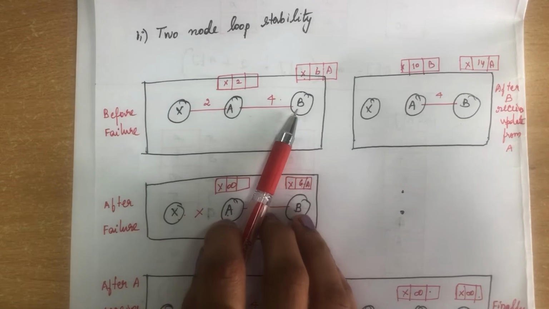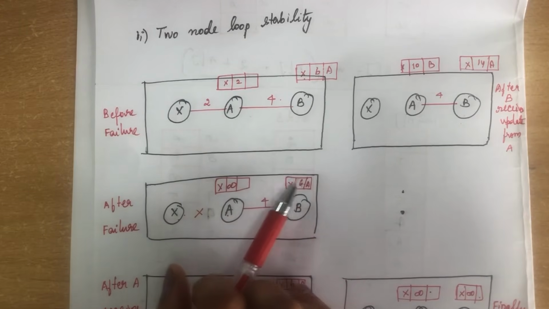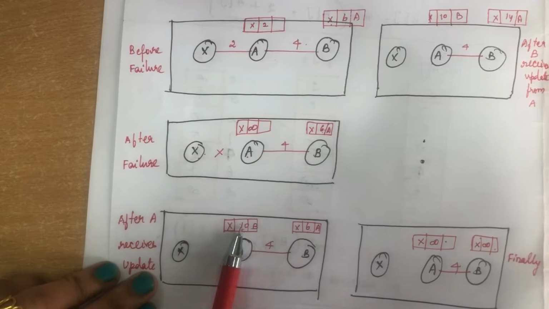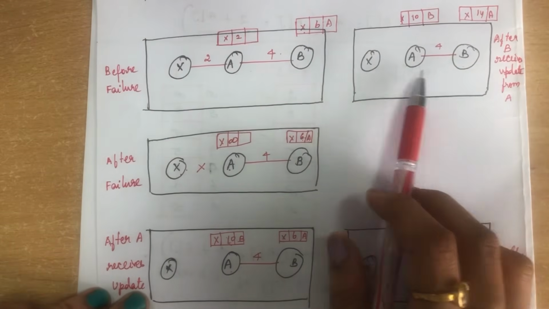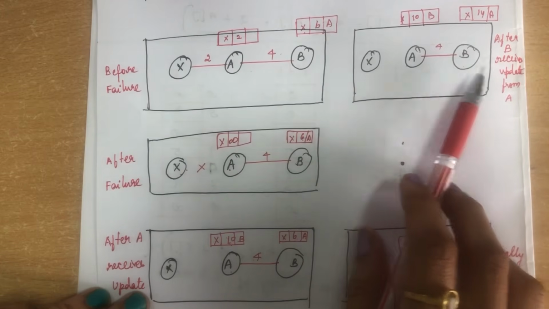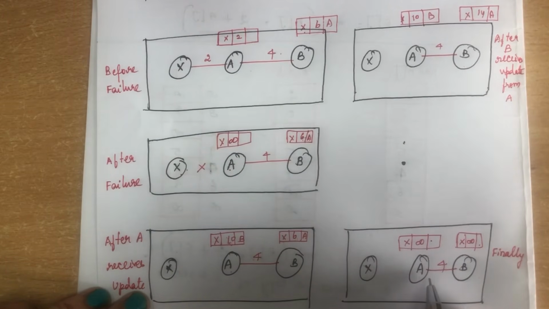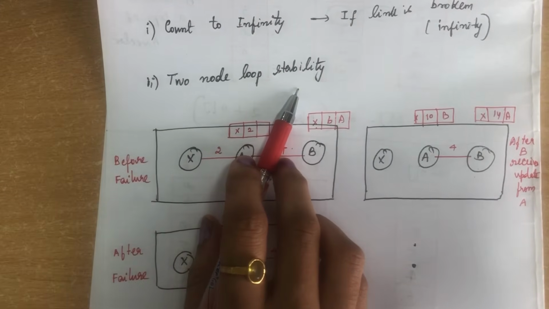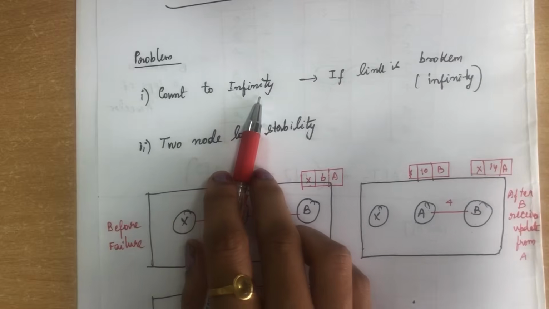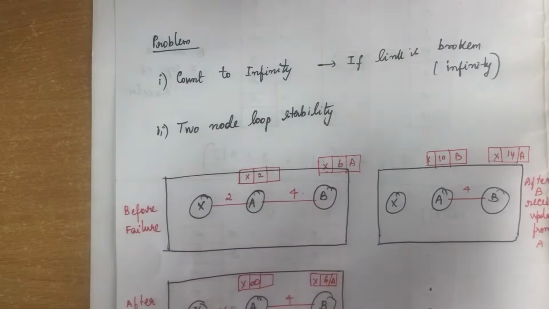But now a gets the information from b, and again a sends a new update to b. Likewise both nodes keep updating their values. Since these update packets bounce between the two nodes, this problem is called the two node loop problem. So there are two problems we face in distance vector routing: one is count to infinity, the second is the two node loop problem.